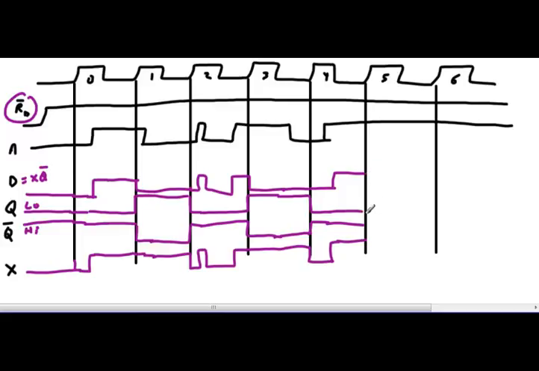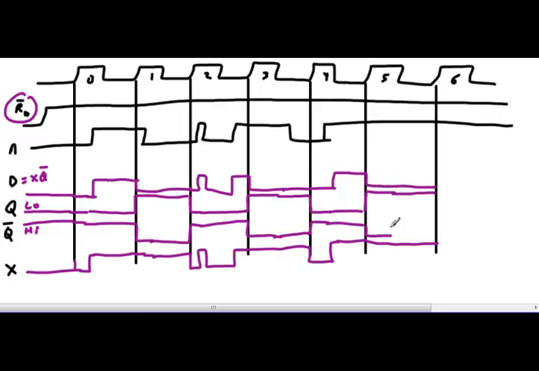D is high, so Q goes high. Q naught goes low. A is high, so X is high. X is high, Q naught is low, so D is going to be low coming into the next clock pulse.